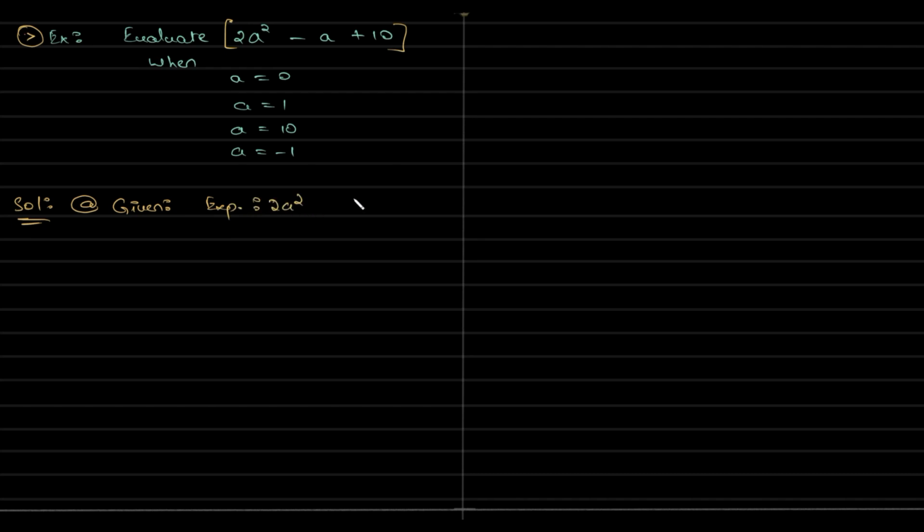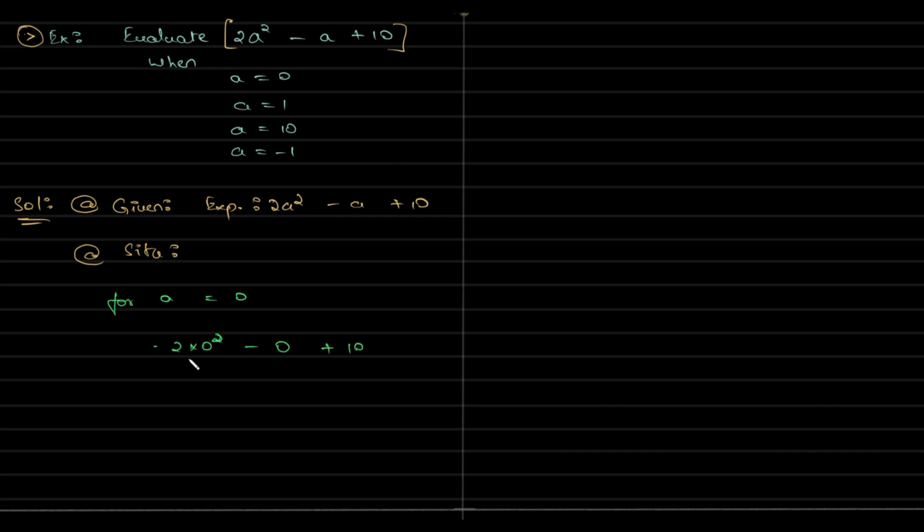So I'm writing the expression, right? Then we're looking at different situations. The first situation being a is equal to 0. Okay, so we have 2 into 0 square minus 0 plus 10.